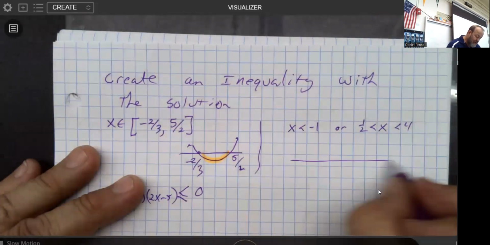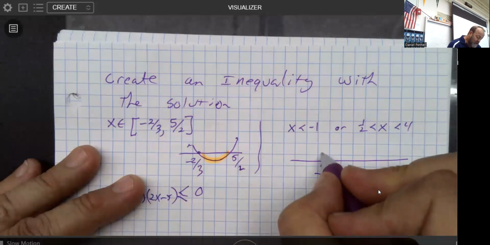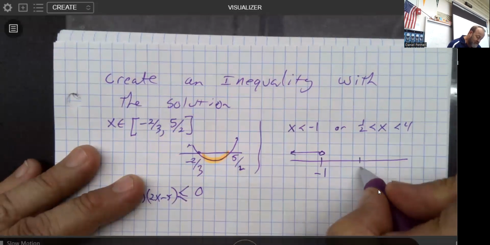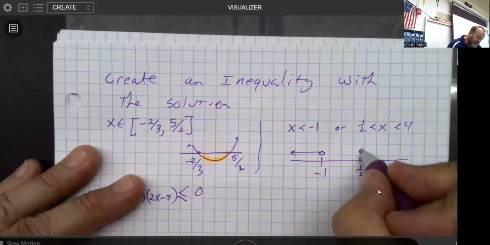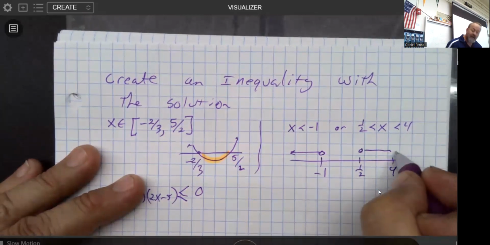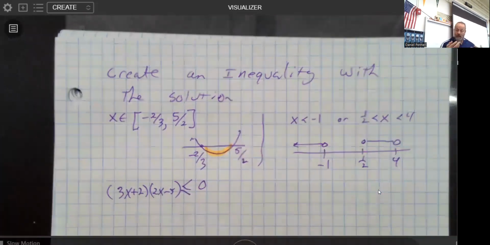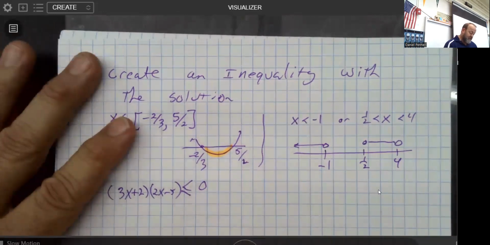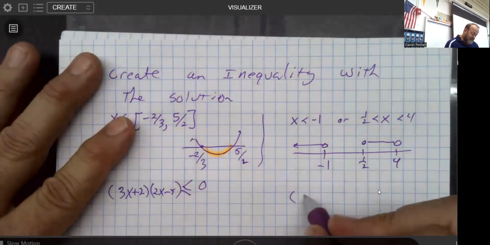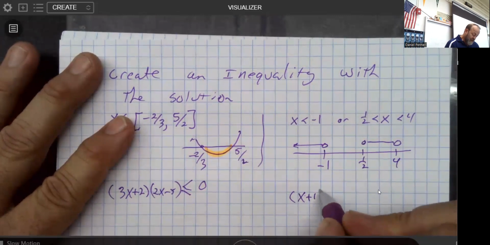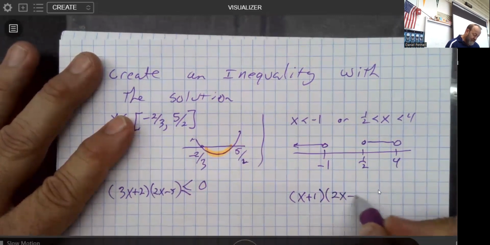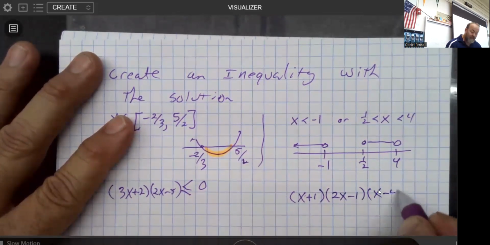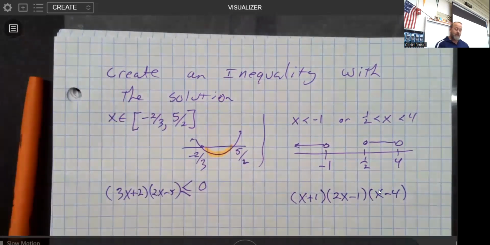And similarly over here, I want values below -1 and the values between 1/2 and 4, but I don't want anything out here. So just like I did before, I'm going to go x plus 1, I'm going to go 2x minus 1, and I'm going to go x, let's say, minus 4. Those are the three factors that would go to those roots.